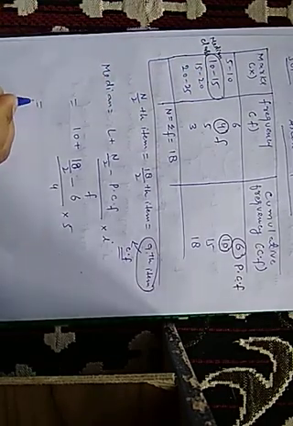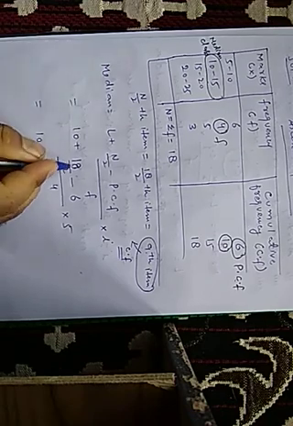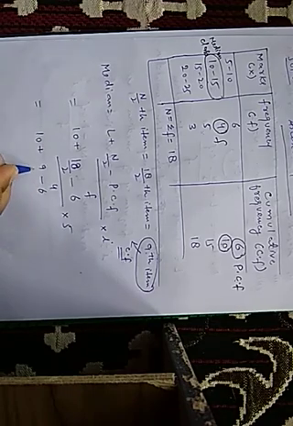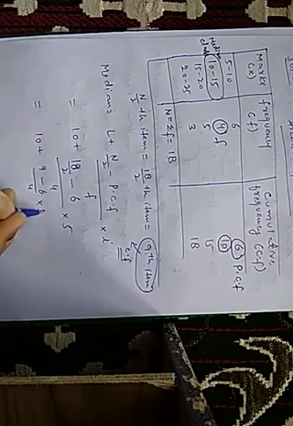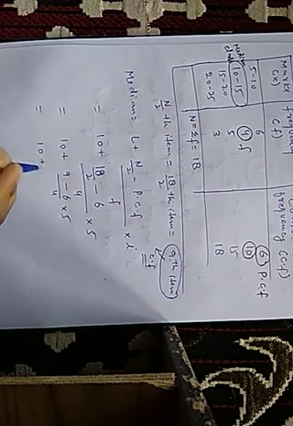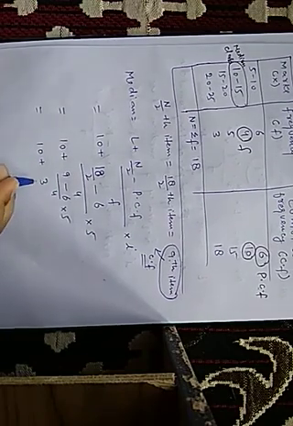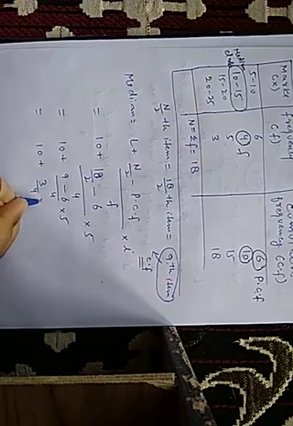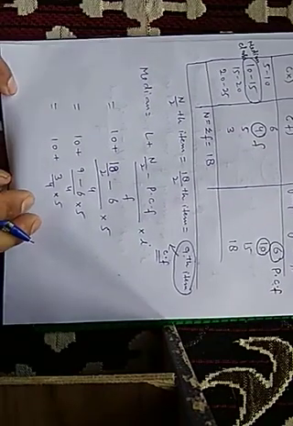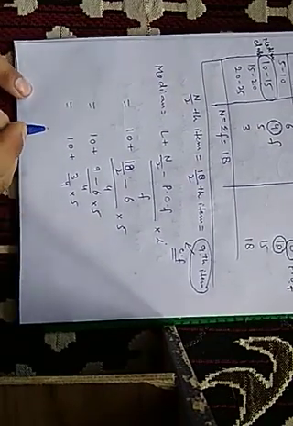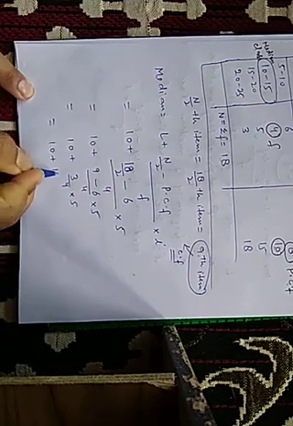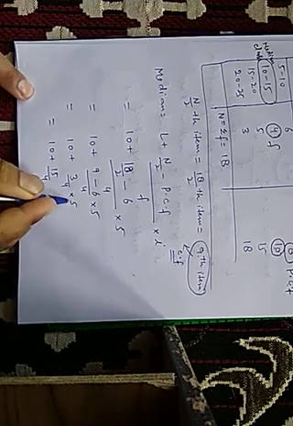And median will be equal to 10 plus 18 divided by 2, which is 9, minus 6, divided by 4, into 5. It will be equal to 10 plus 9 minus 6, that is 3 divided by 4 multiplied by 5, which is equal to 10 plus 15 divided by 4.